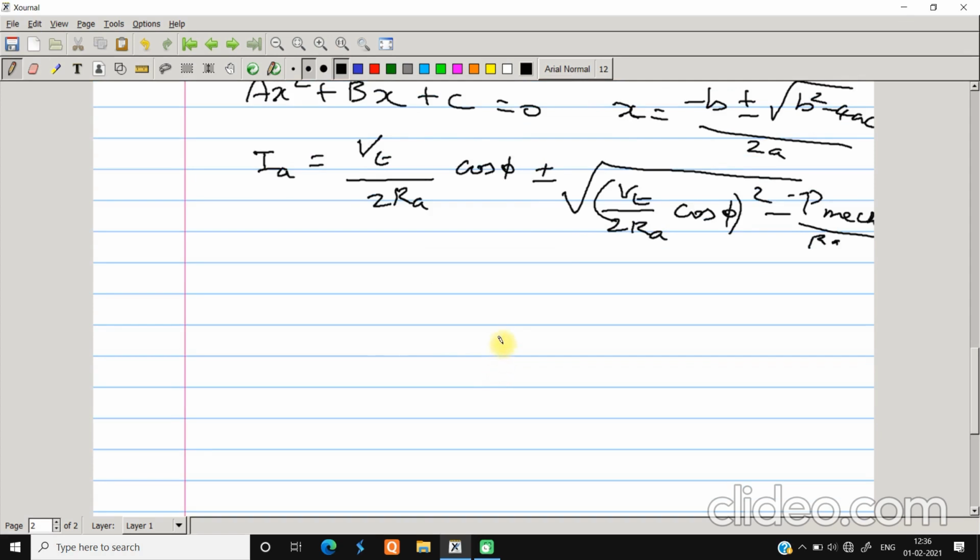So whatever condition we need in practice, we operate the motor accordingly. Next we will see the current locus for constant excitation.